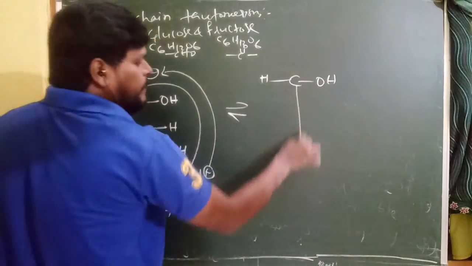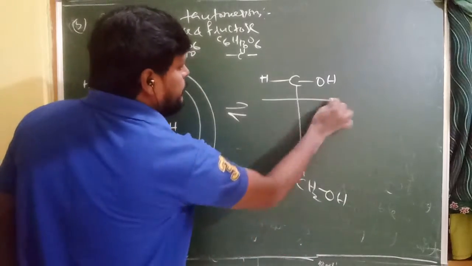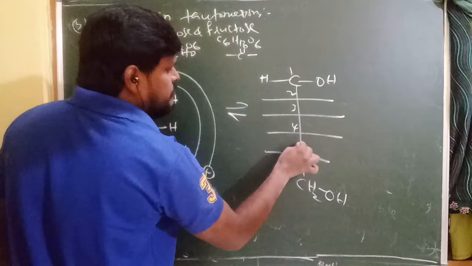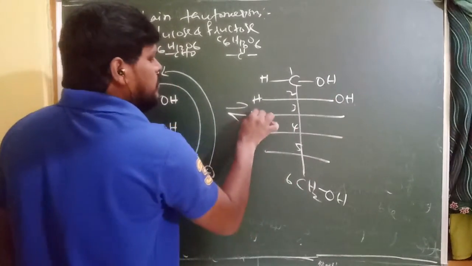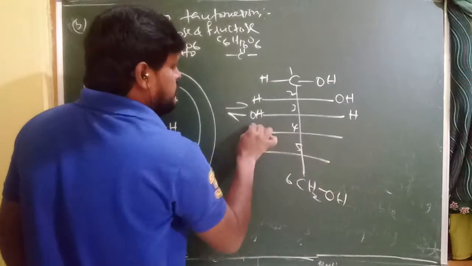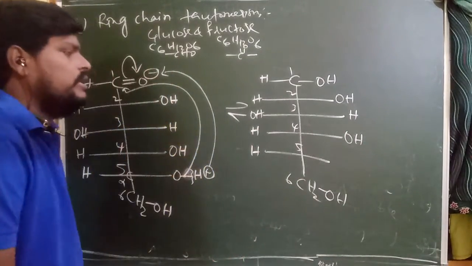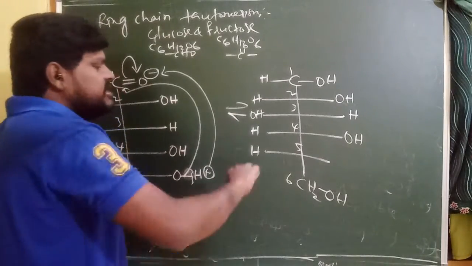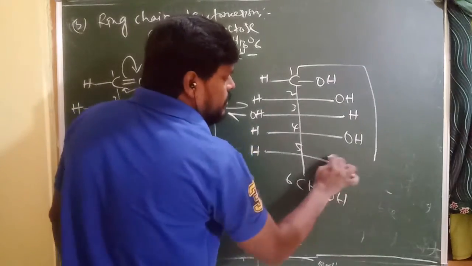CH2, carbons 1, 2, 3, 4, 5, 6, with H, OH, OH, H.